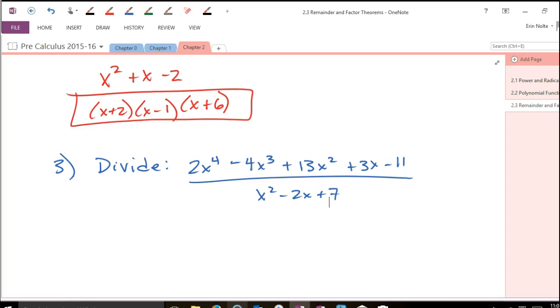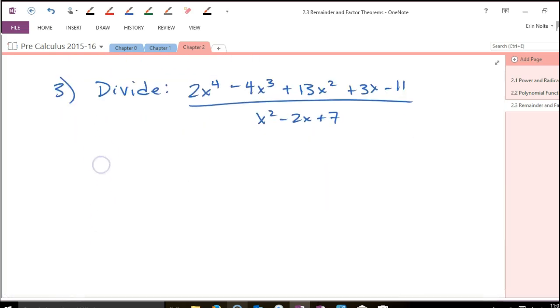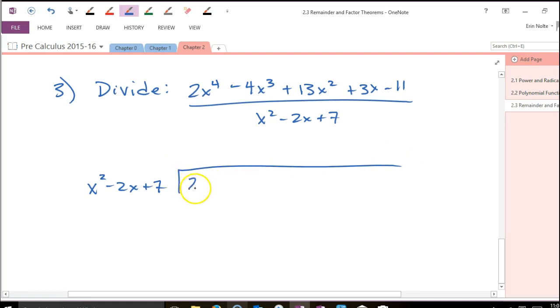But when your divisor is not a linear, like x plus 5 or x minus 3 or whatever, you have to use long division. So let's do this super fast. This is another long division, but I just want to go over how you write remainders. So I'll do this fast, if that's okay with you guys.